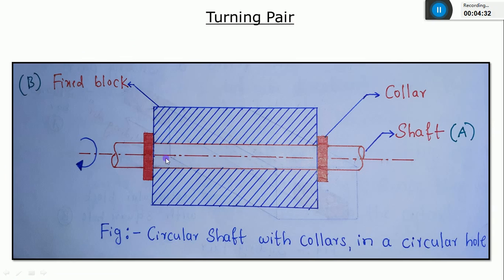The cross section is in the form of a circle, and I have provided a stopper to this shaft so that linear motion is avoided. There is no motion from left to right or right to left. Only the shaft can rotate. Link A, the shaft, can rotate with respect to link B. So it is a turning pair.